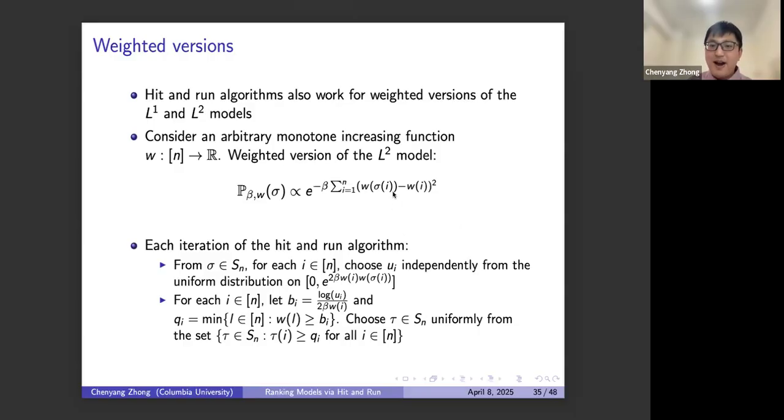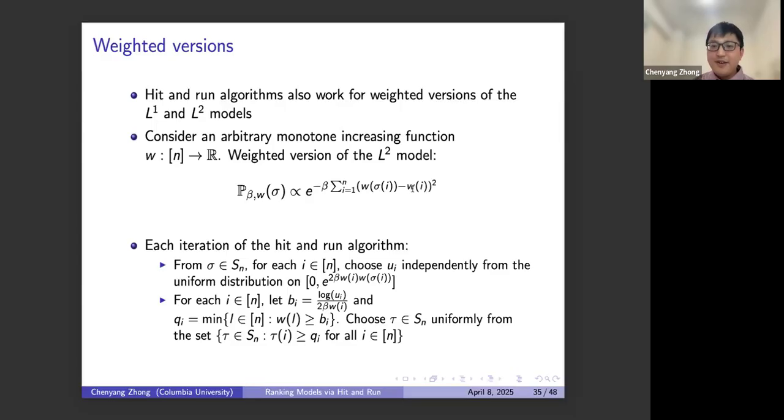If we replace sigma(i) and i by some weight function, say replace sigma(i) by W(sigma(i)), where W is a non-negative and monotone increasing function, and replace i by W(i), then for this kind of weighted model, we can still develop an efficient hit and run algorithm, the implementation is very similar, and we can also generalize the mixing time results to those weighted versions.